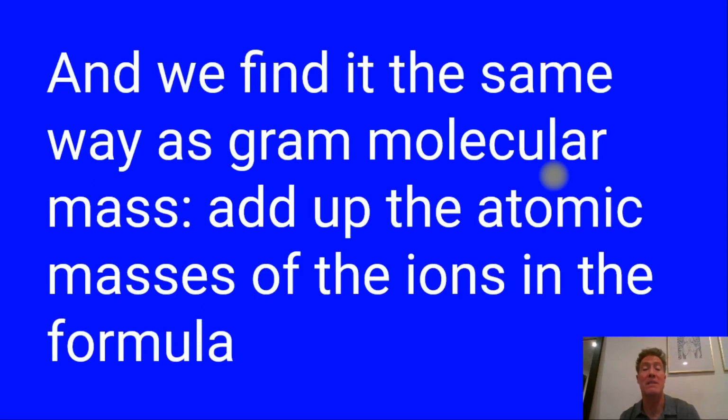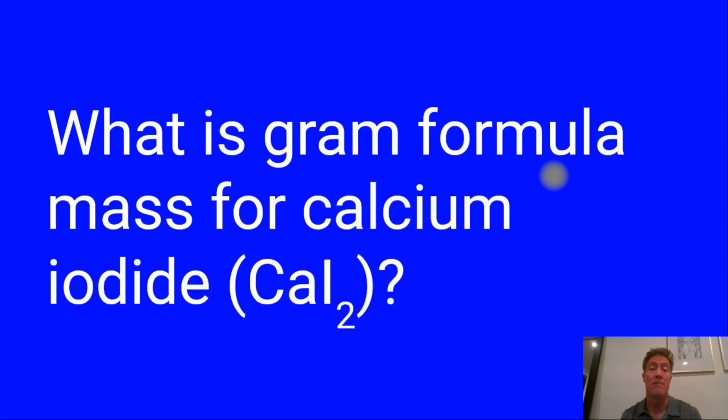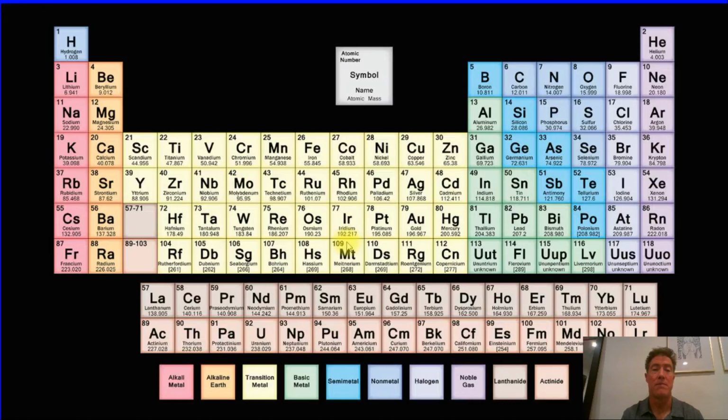We add up the atomic masses in grams of the ions in the formula. So what's the gram formula mass? That just means the formula mass in grams for calcium iodide. We have one calcium atom and two iodide atoms, or iodine atoms. Calcium is about 40.1 atomic weight, so we take its atomic mass in grams.